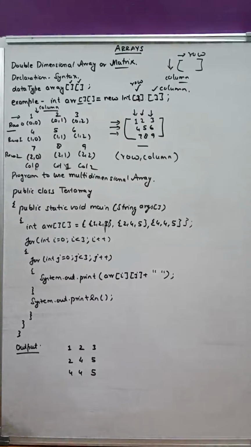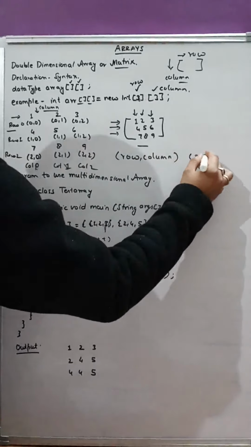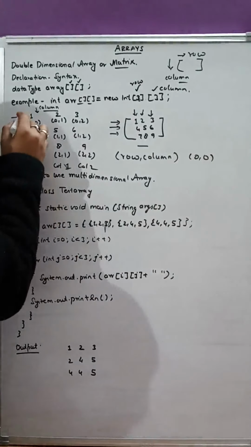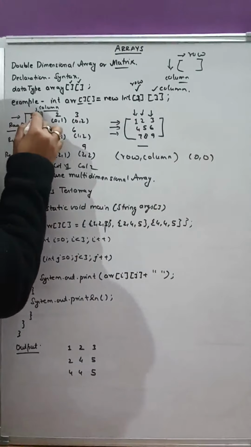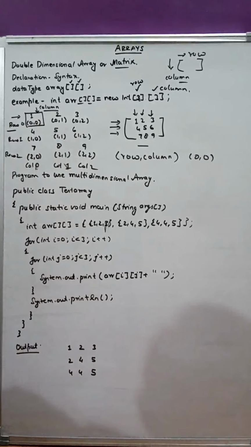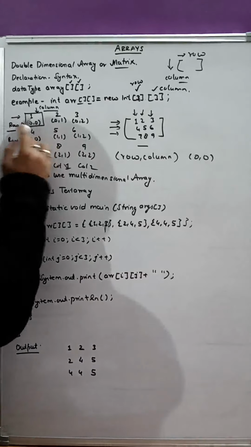If you have to place an element on the 0th row and 0th column, this will be the position. And why do we start from 0? Because the indexing of an array always starts with 0, so this will be the position 0 comma 0.